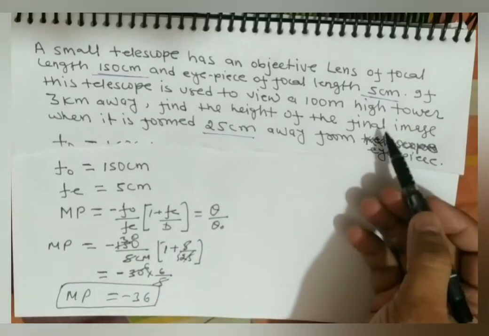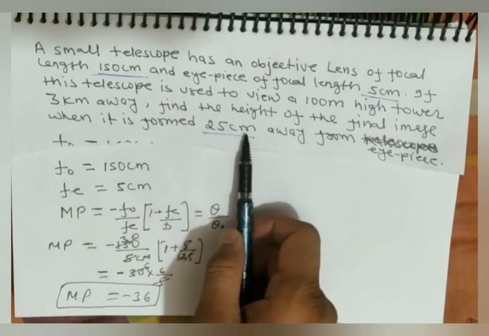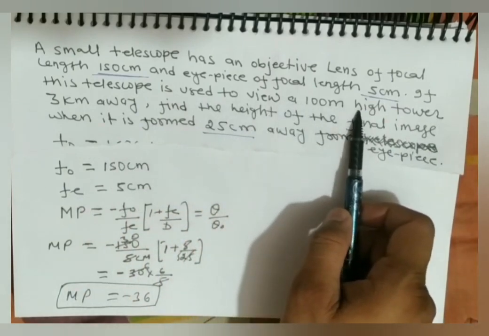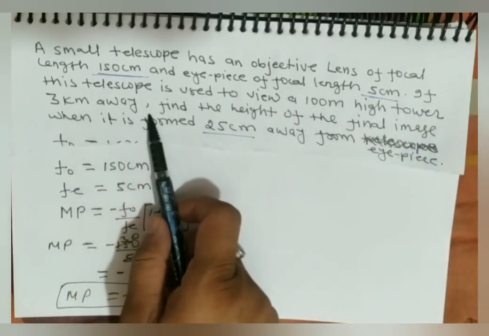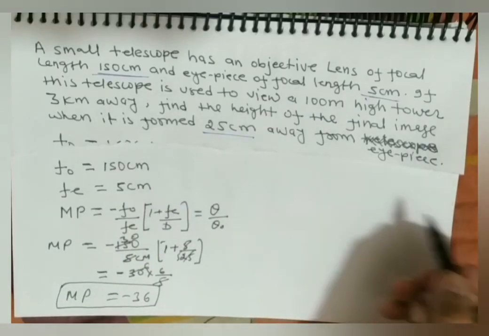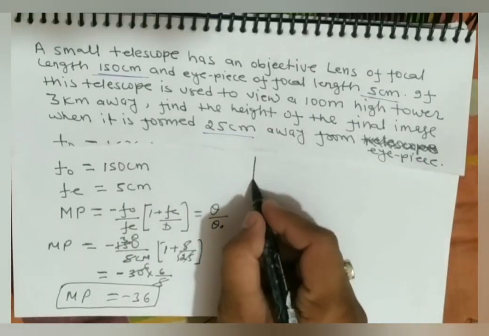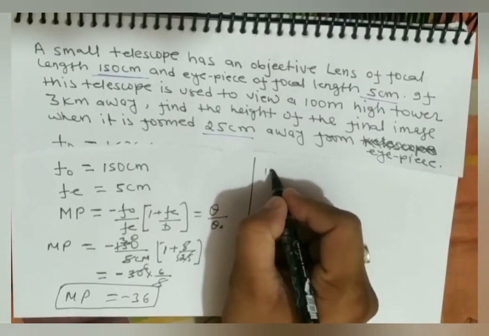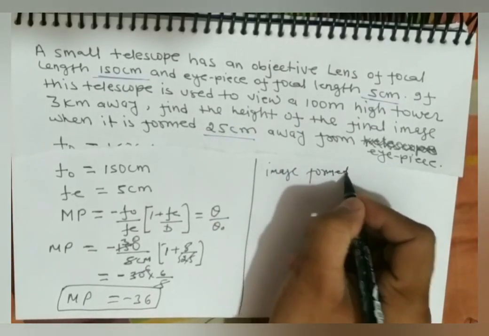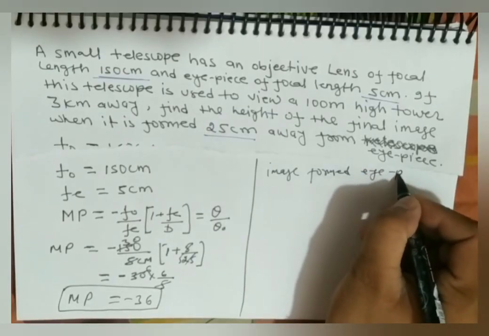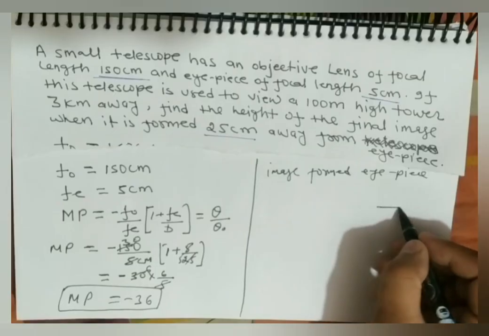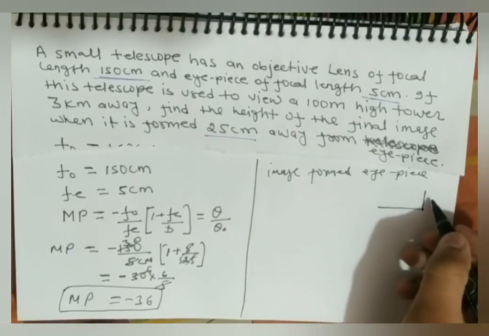The final image is formed at 25 centimeter. If this telescope is used to view a 100-meter high tower 3 km away. Okay, now first image formed by eyepiece. Let its height be h.